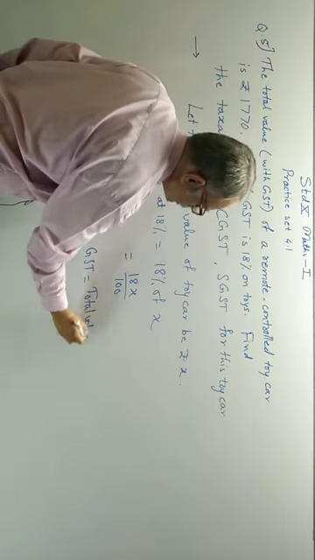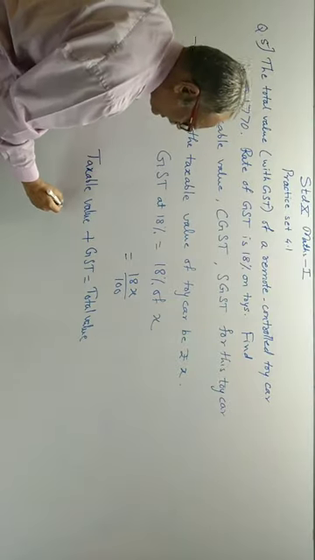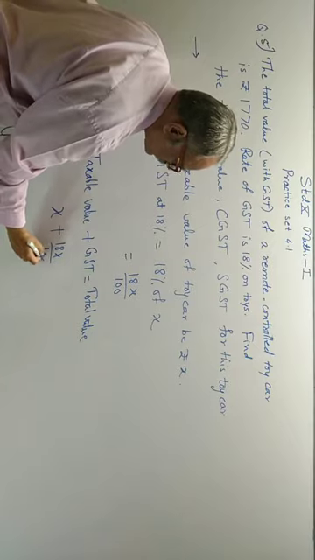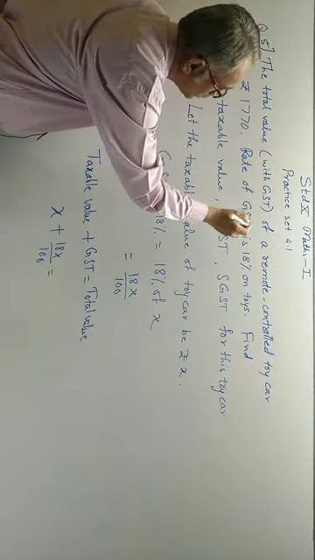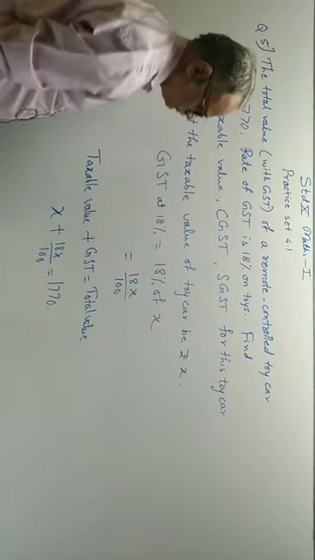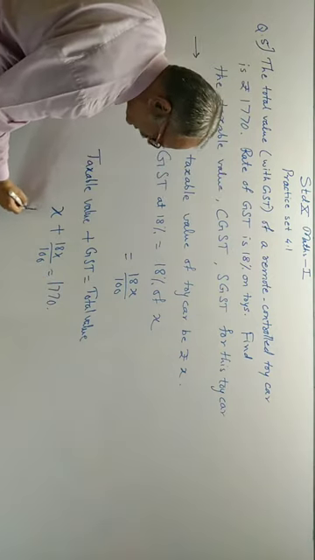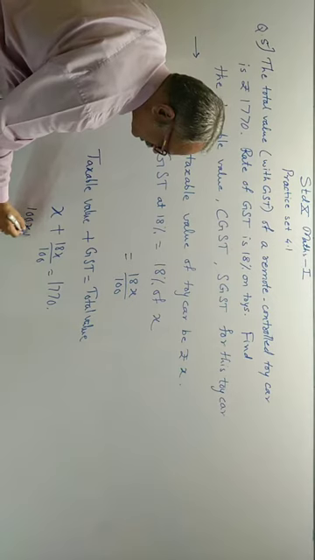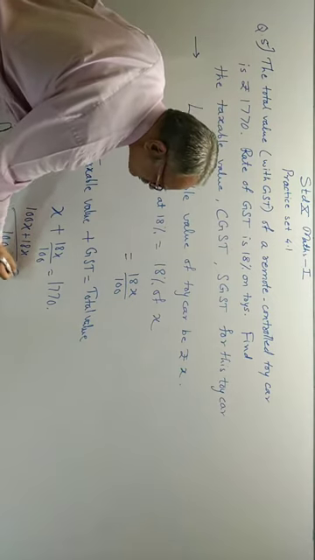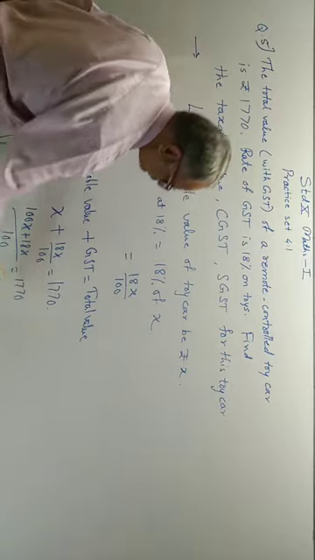This total value is given, other things are in x. X plus 18x by 100 is, what is total value? 1770. 100x plus 18x upon 100 is 1770.